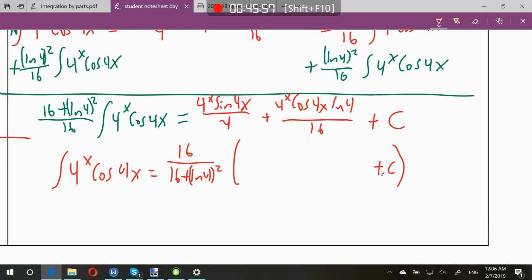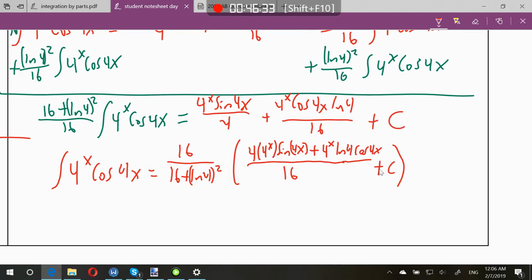I'm going to go ahead and give myself a common denominator here. So if I multiply this term by 4, I'll end up with this: 4 times 4 raised to the x power times the sine of 4x over 16, plus my other term is also over 16, so I can combine them: 4 to the x ln 4 cosine 4x.